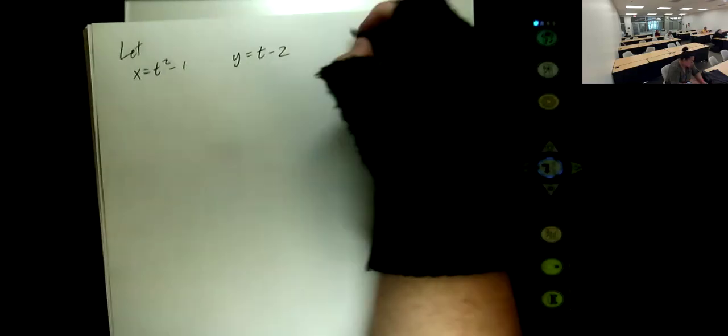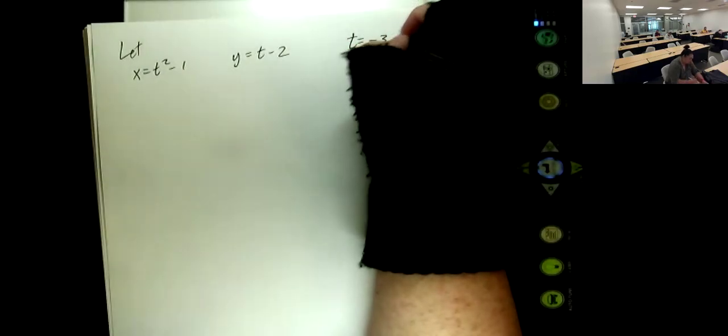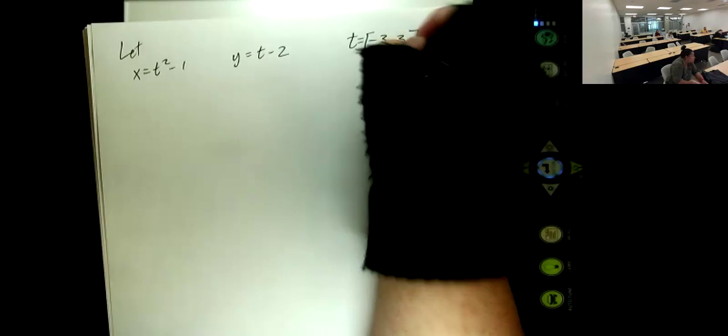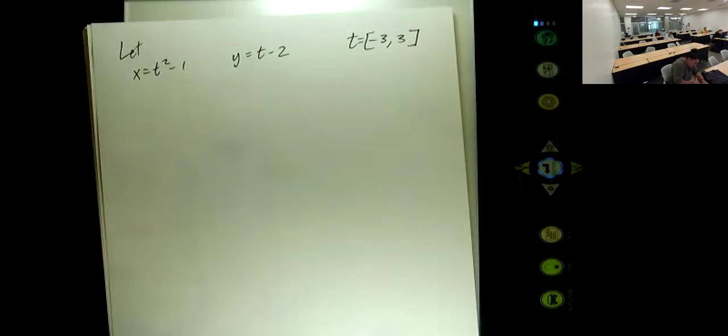And we're gonna say t is going from -3 to 3. This is effectively what we did in the last section, polar graphing, where angle was the parameter.